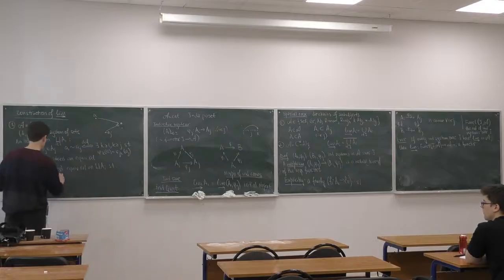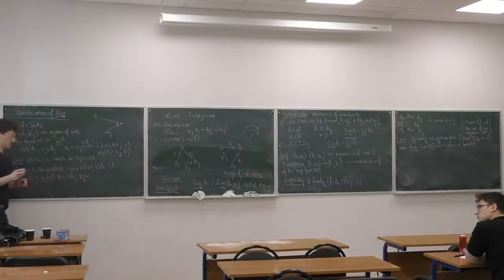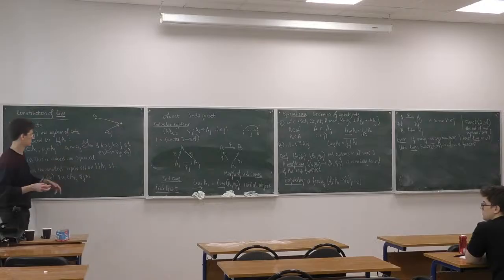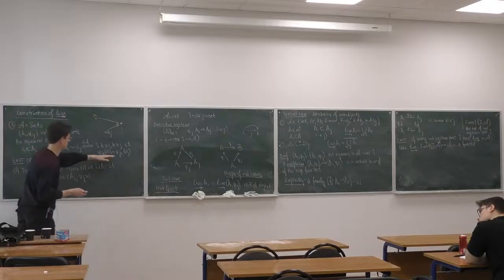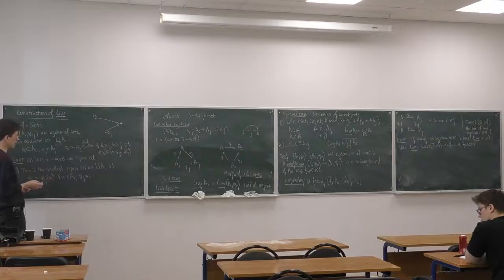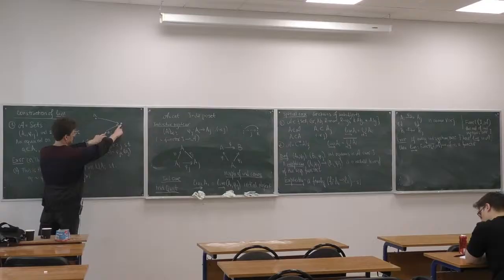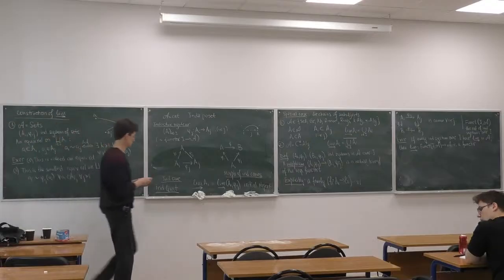So clearly these two elements are equivalent, this is immediate from this definition. In the case j equals i, these two are the same, this will be the identity map. So every element is equivalent to all of its images, and this is the smallest equivalence relation satisfying this condition.